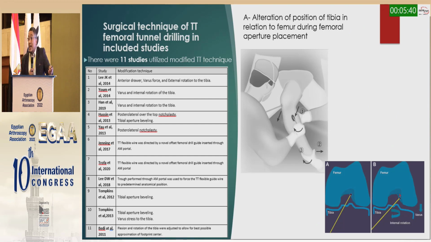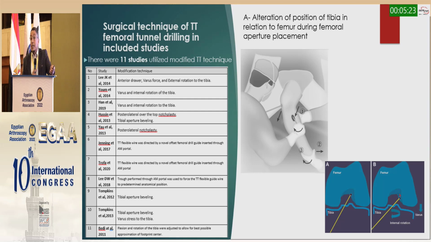When we synthesized the surgical technique for the tibial dependent technique, we found that of 47 studies mentioning the surgical details, there were 11 studies with a modified transtibial technique. These are the studies.